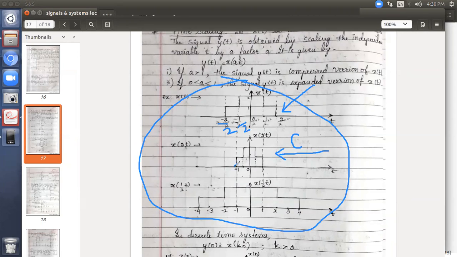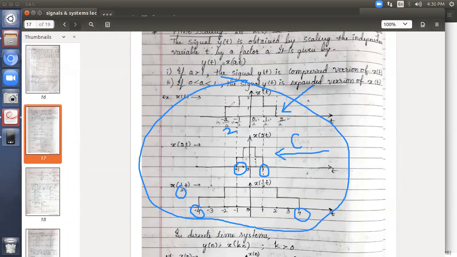Time range got compressed. For half of t, you multiplied it by 2. Division of 1 by 2 will become 2, multiplication of 2. So you got expanded version, minus 4 to 4.